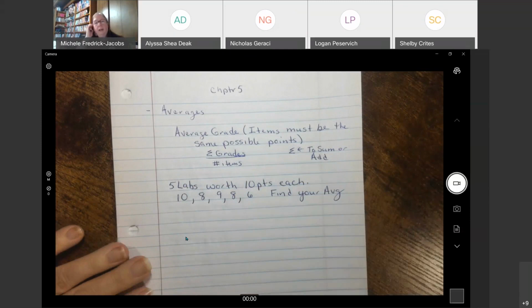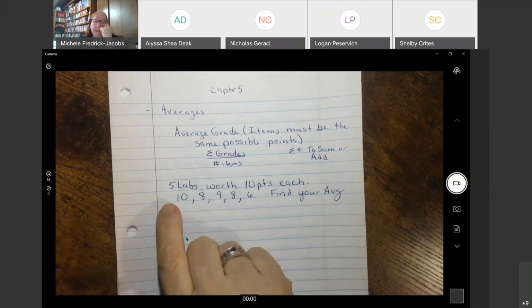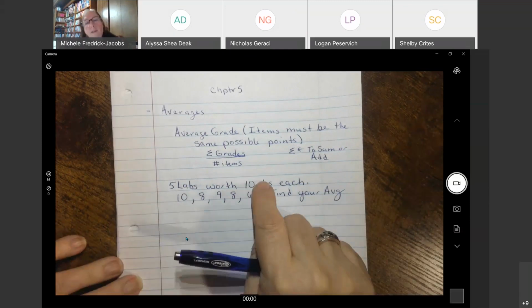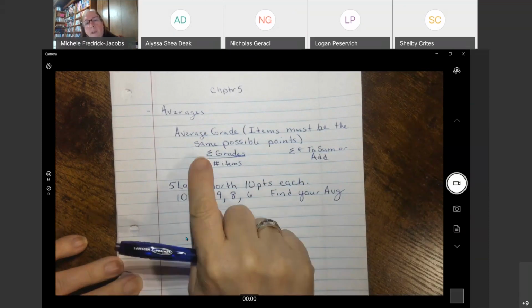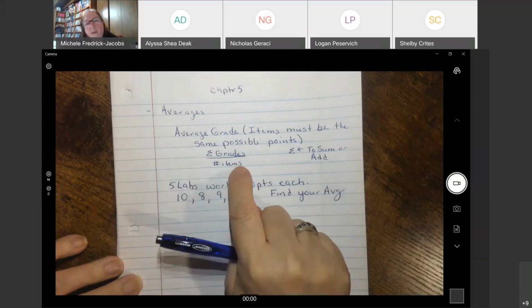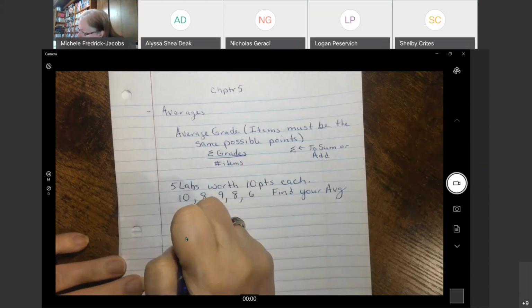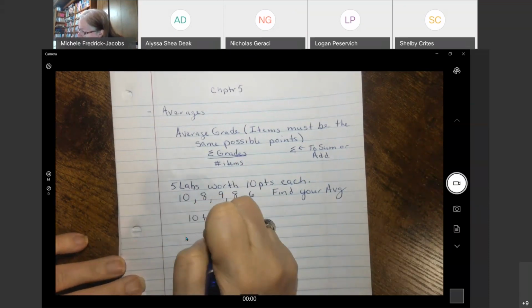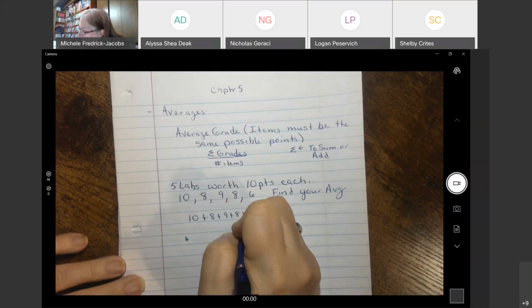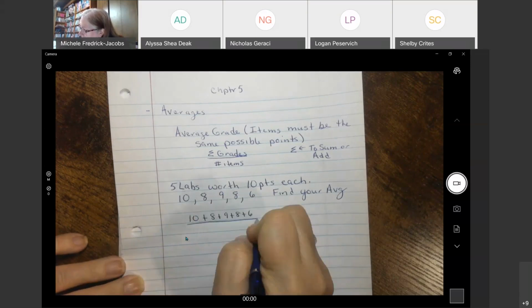And we want to find your average. Because they were each worth 10 points, you can just add up your points and divide by how many there are. So we would take 10 plus 8 plus 9 plus 8 plus 6 and divide by how many there are.